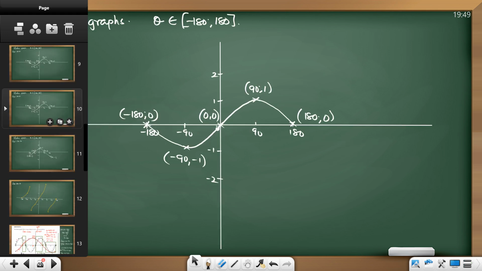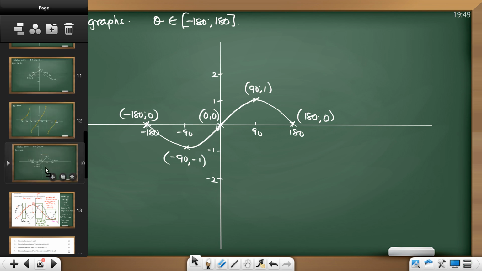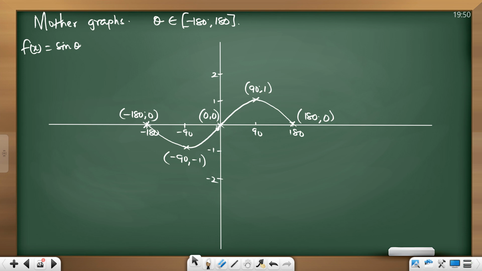Look at this graph. I'm working with the sine graph. Okay, that's our graph.